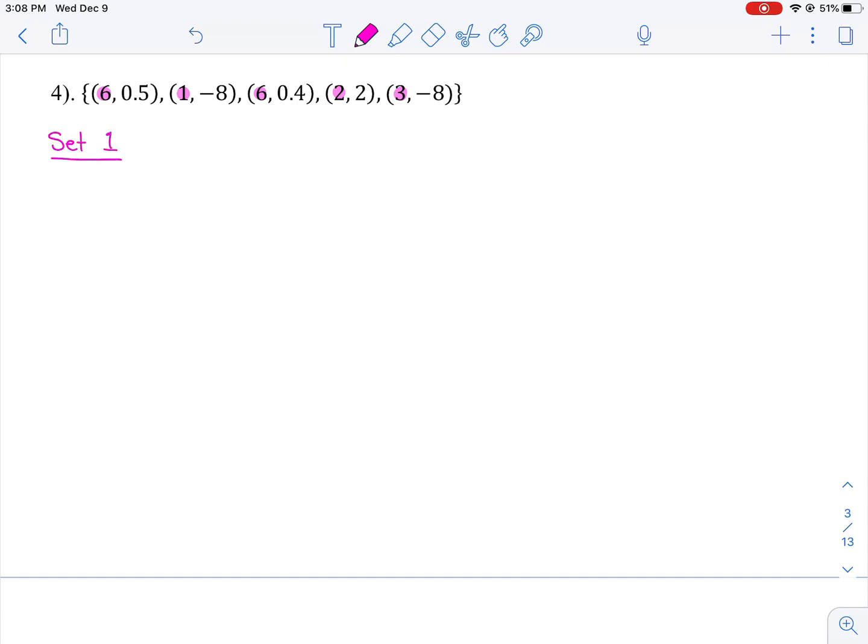So set 1 consists of the elements 6, 1, 2, and 3. So the domain written in numerical order is 1, 2, 3, 6.